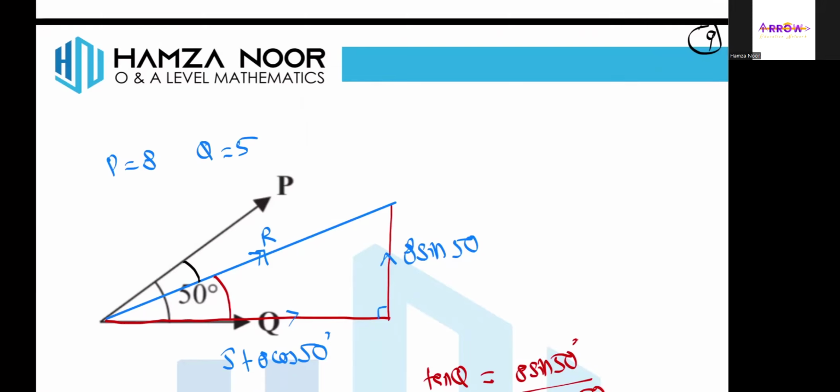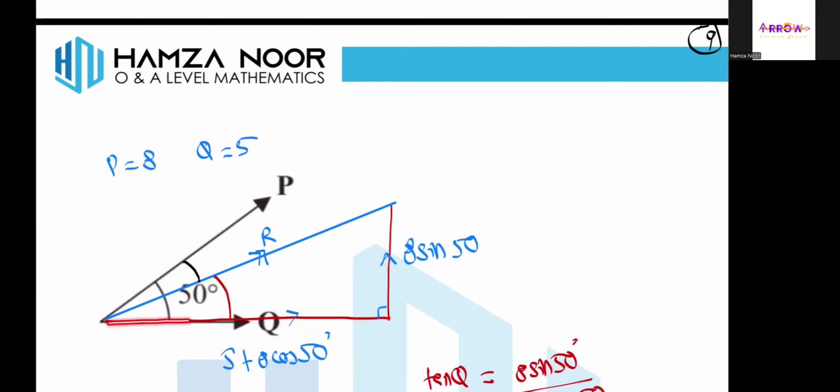Since Q is 5, Q is acting horizontally, and we have a horizontal component which is 5 plus 8 cos 50. So obviously 5 plus 8 cos 50 is higher in magnitude as compared to 5. This makes sense, right? So obviously, the length of the horizontal component of the resultant force would have a higher value as compared to Q itself.